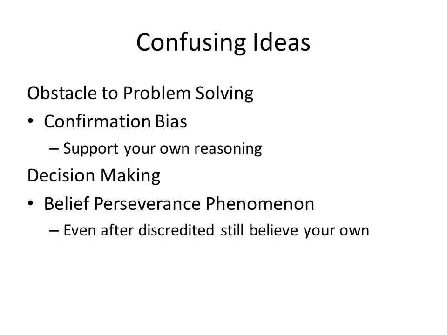I had some students getting those two confused last year. Confirmation bias, you're only supporting your own. You haven't heard why, you want to go with A. You haven't heard the answer to B. Belief perseverance would be, I explained the answer to B, and you're still clinging to A at this point in time. Okay?